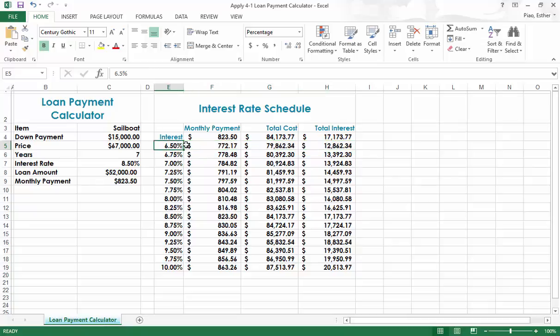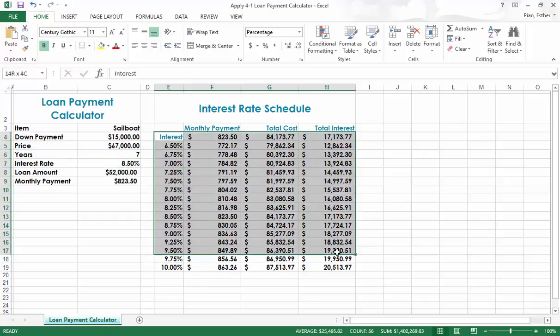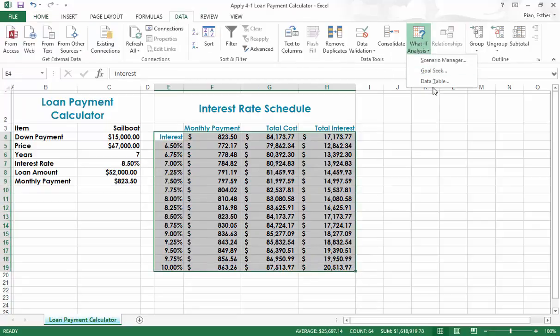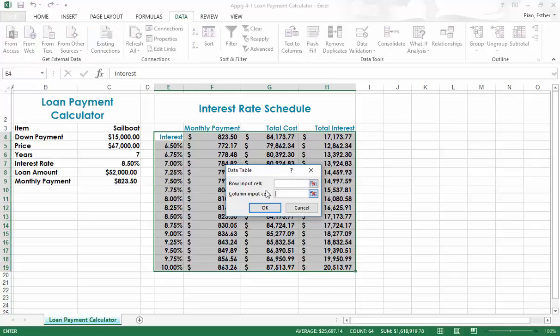So in this calculation, where is the value located? What is the cell that you are going to replace with this value? Obviously this is the interest rate. Therefore, that's the reason why we have specified F4 here, C7 here, as the value we are going to replace when we do the calculation for each row.